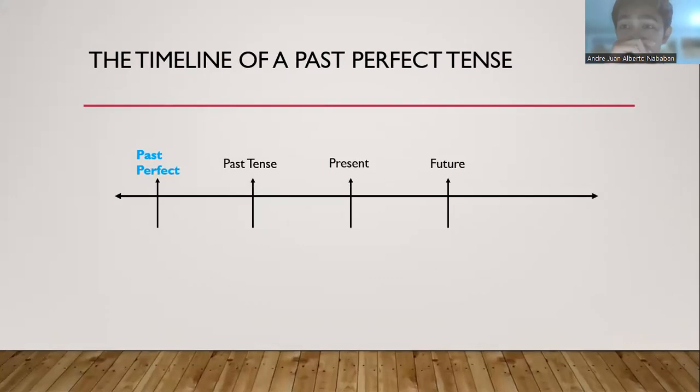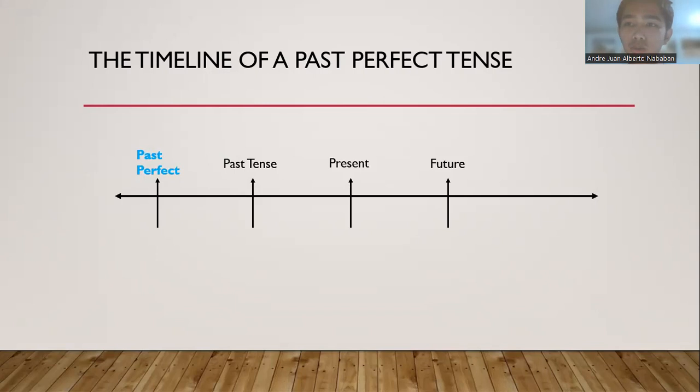If it's hard to understand this timeline, you can imagine this line like an x-axis in math, where the zero point is the present.